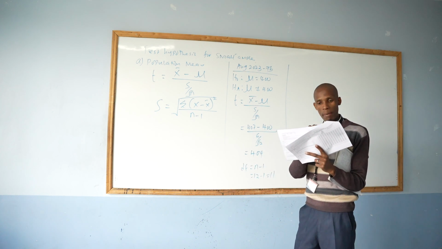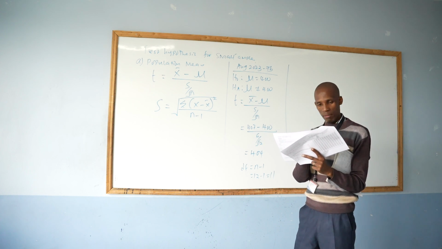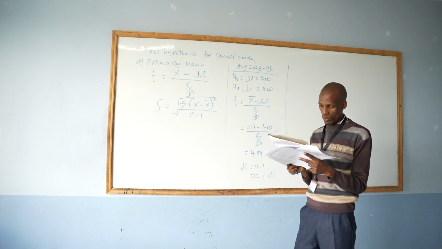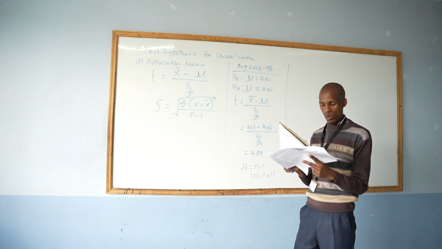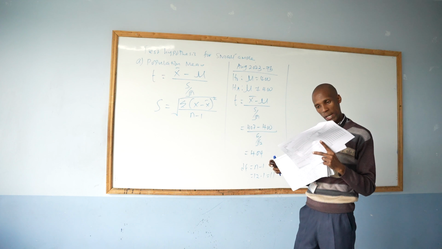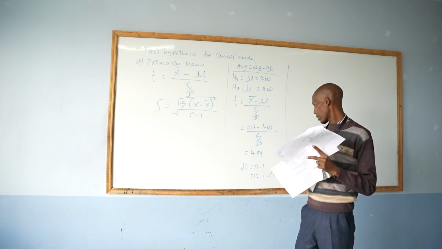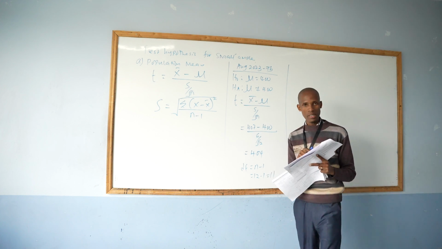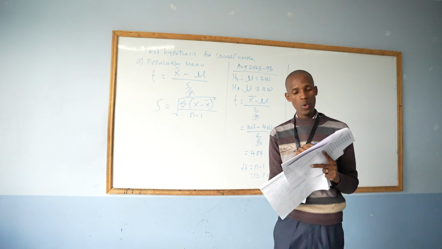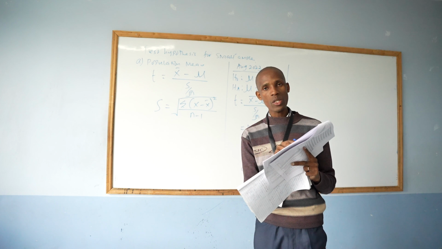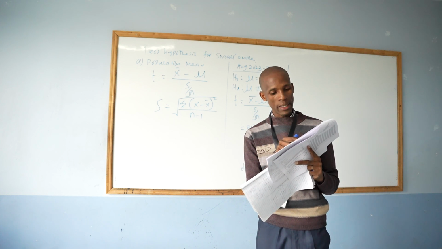You look where there is two tail, then go against 11. You get 2.201, negative 2.201, like this one. If it is 1%, we were using the 99% confidence level, or 1%. So you go and get 0.01 two tail against 11.